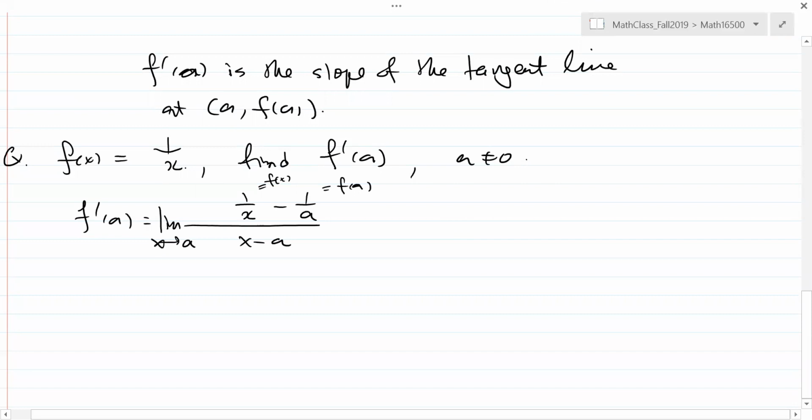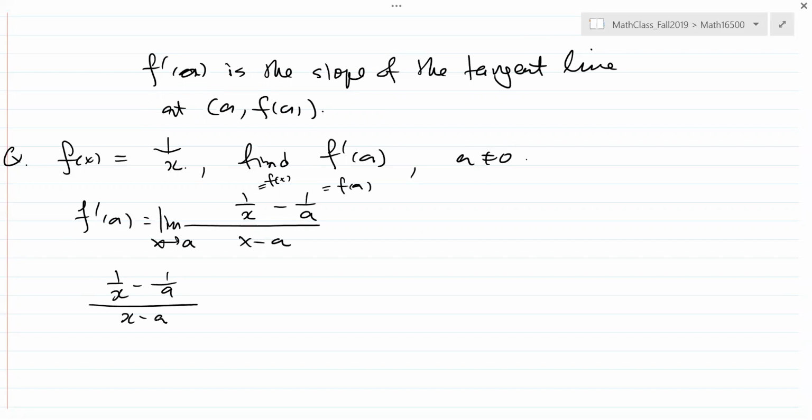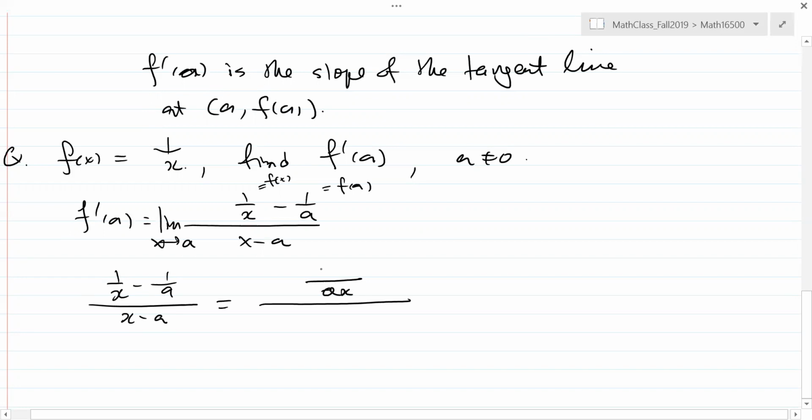So the next question is, how do you find the limit? You have to simplify. You cannot just plug a in for x, because then the denominator is going to be 0. So you will get (a minus x) over (a times x) all over x minus a.